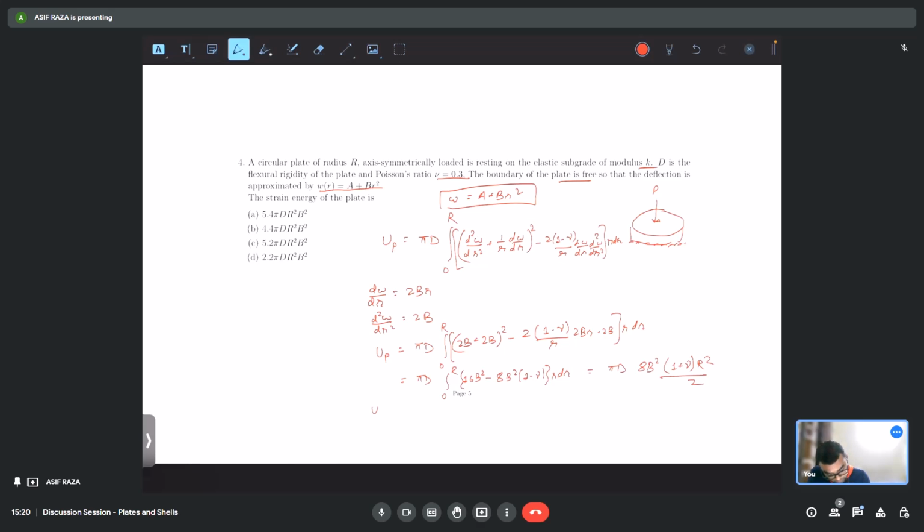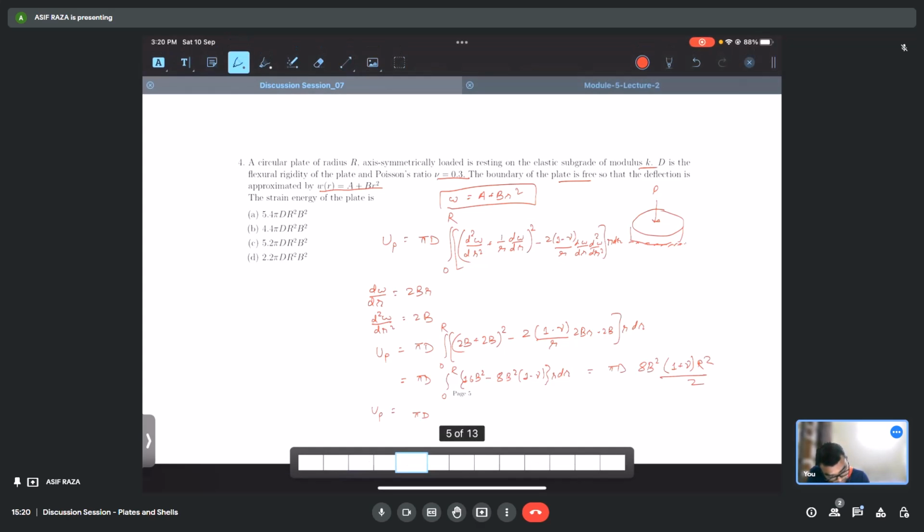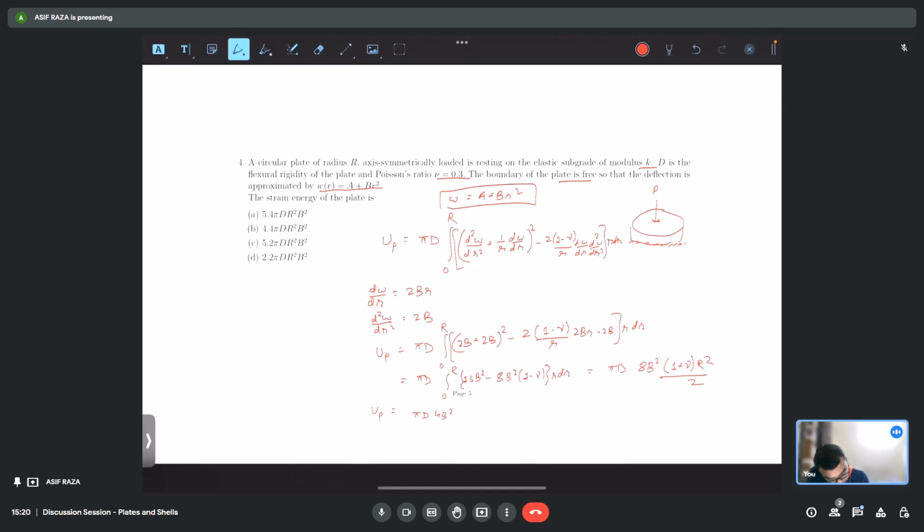So U is pi D, 4b square, 1 plus nu, that is 0.3, r square. So 1.3 into 4, this would be 5.2 pi D b square r square. So this is my answer. The correct answer would be option C.